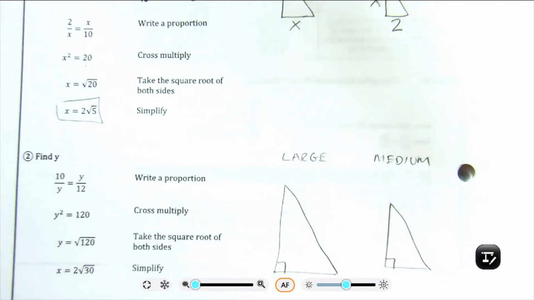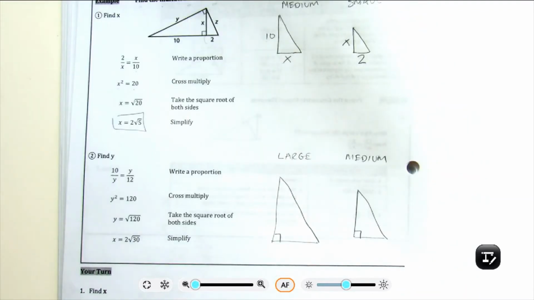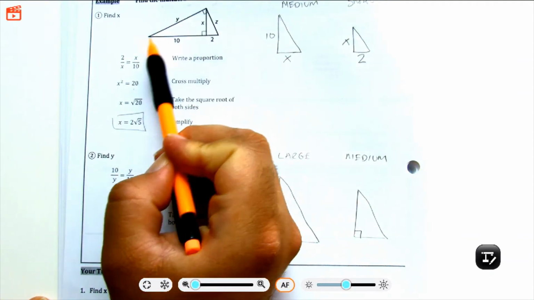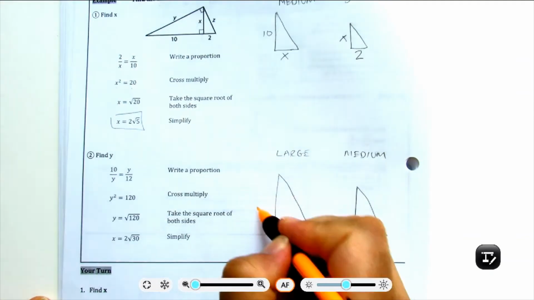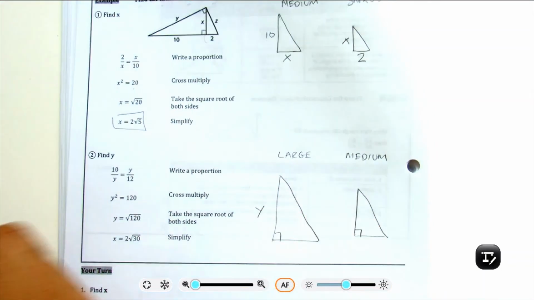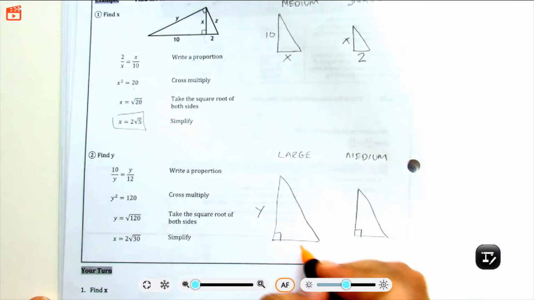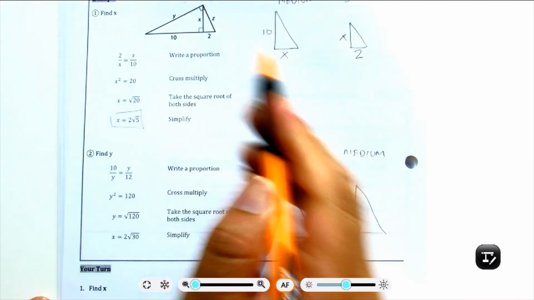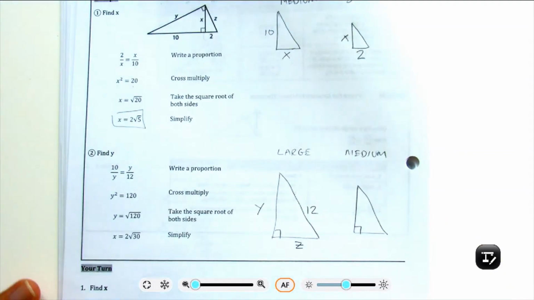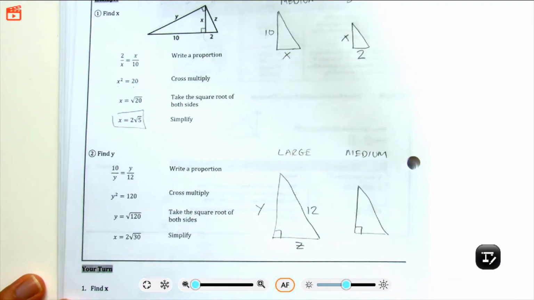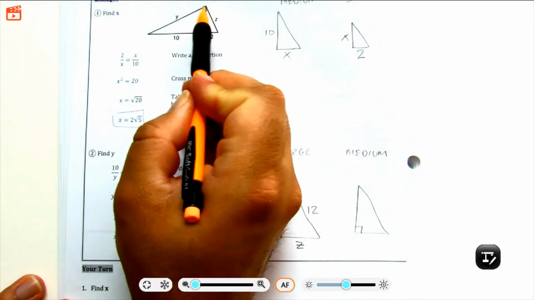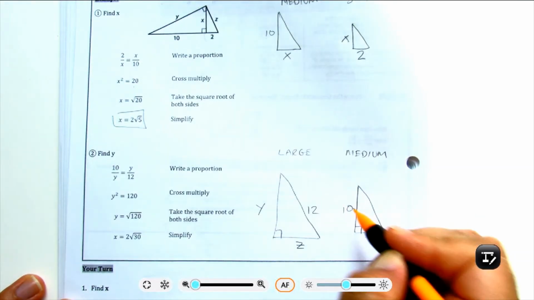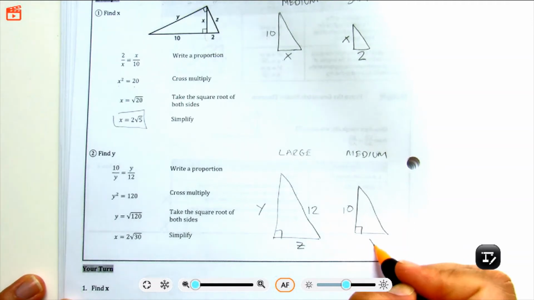So let's focus on the large triangle. The long side is y. The short side is z. And the hypotenuse, 10 plus 2, is 12. Then for the medium triangle, the long side is 10. The short side is x. And the hypotenuse is y.